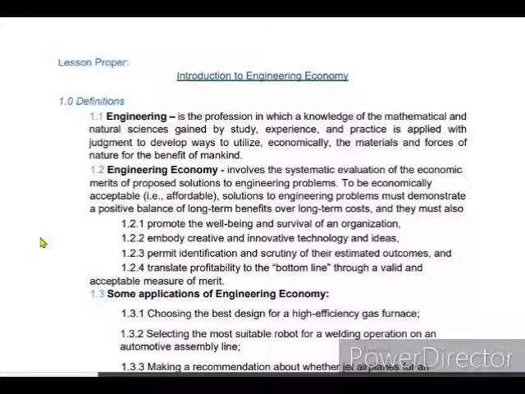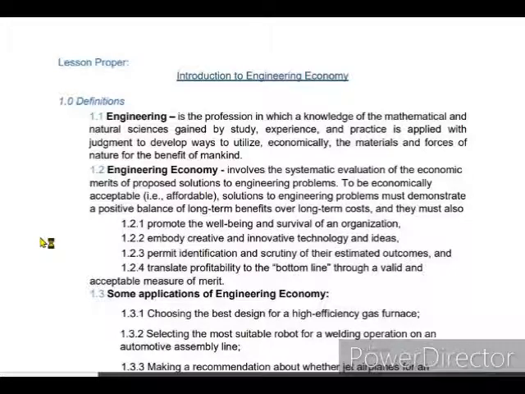while using a solution. Okay, and they must also 1.2.1 promote the well-being and survival of an organization, because we are not making solutions for the present time only. Okay, we are making solutions for the long term, okay, long run of the organization we are serving.